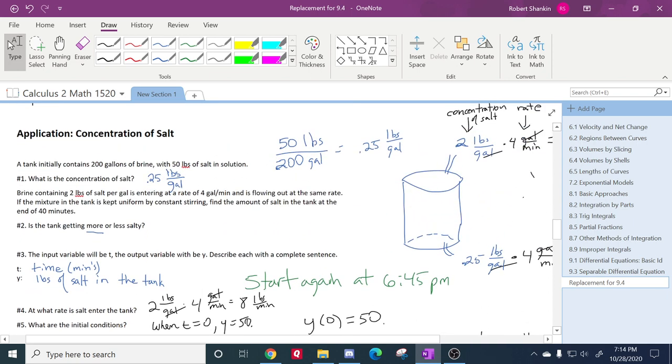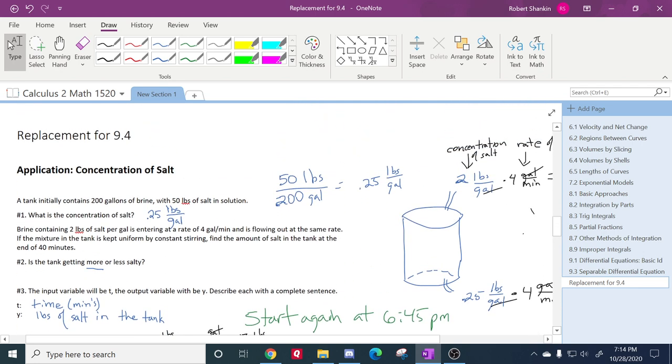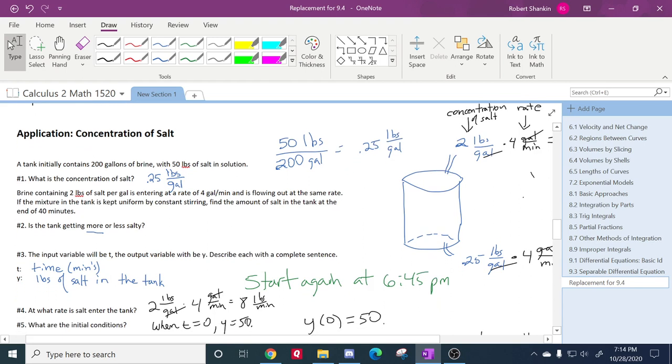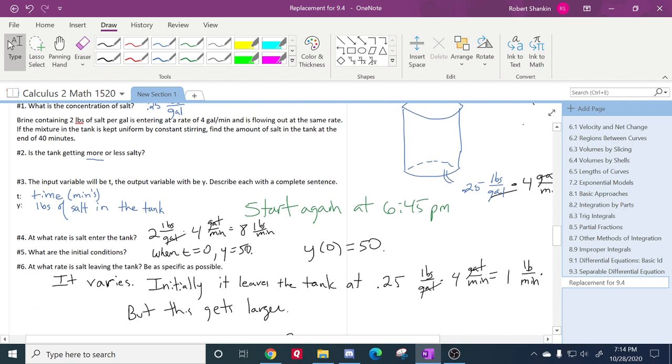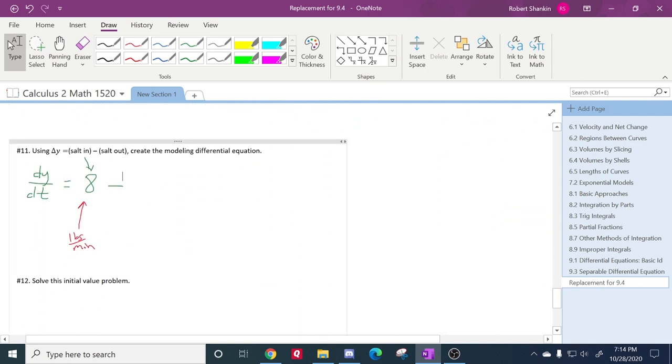Eventually, it's going to become really close to 8 pounds per minute, because that's going to be the concentration. Eventually it's going to be 4 pounds per minute and 4 gallons per minute leaving, as well as coming in. So this part is going to be complicated.